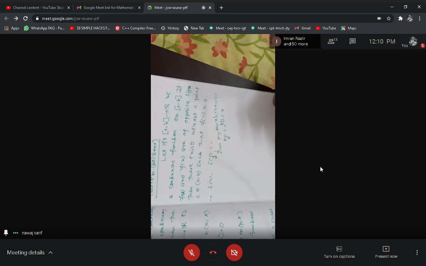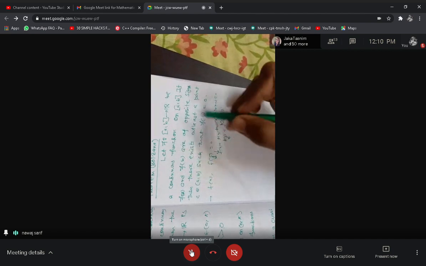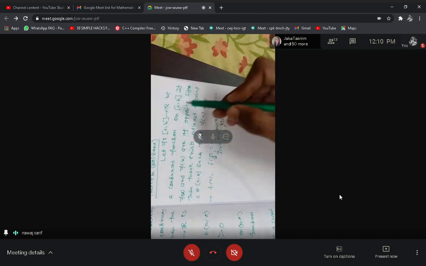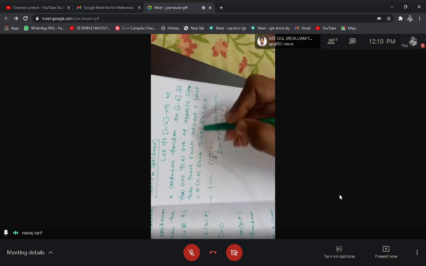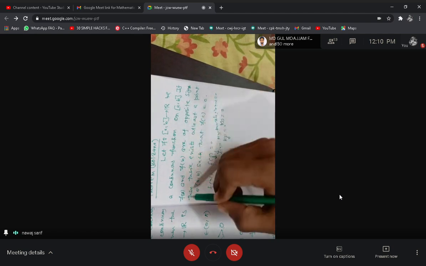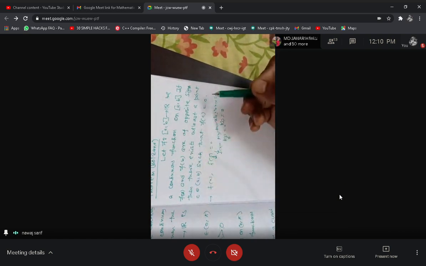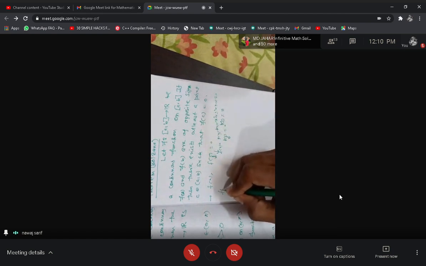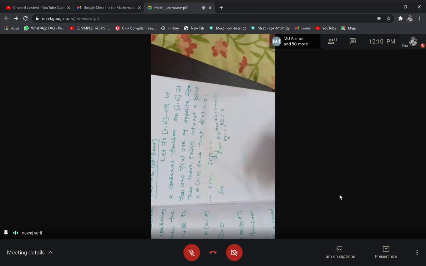So the beauty of this theorem is that if f is continuous in this closed interval and f(a) and f(b) are of opposite sign, that means this f(x) changes its sign somewhere.